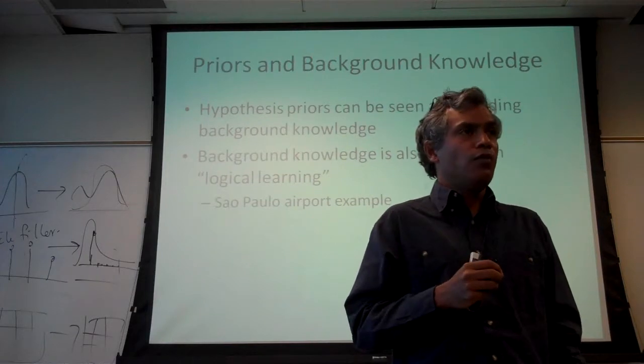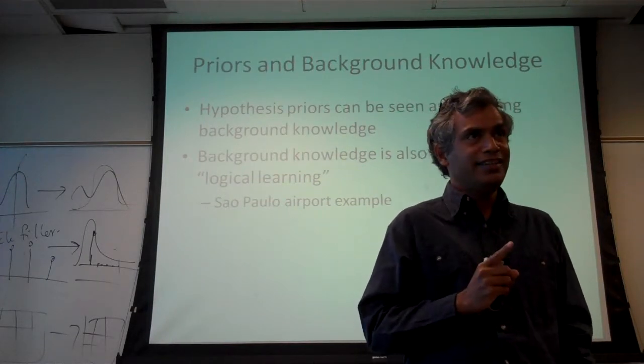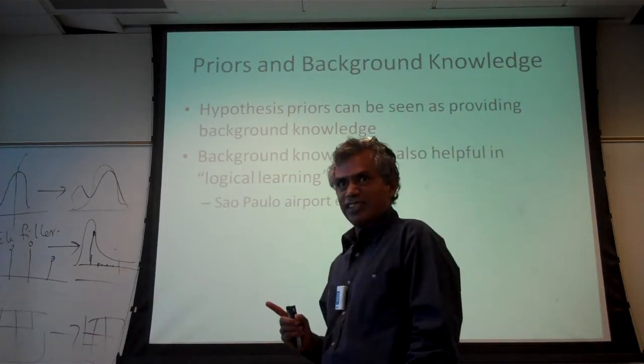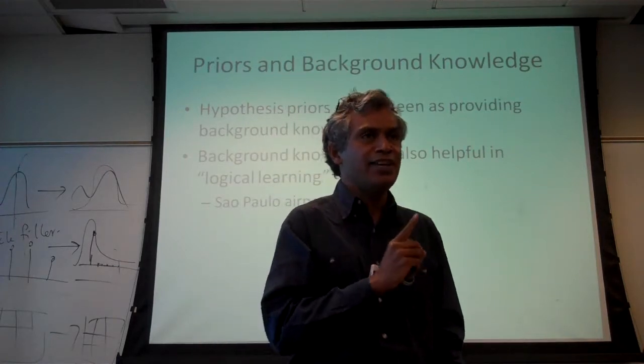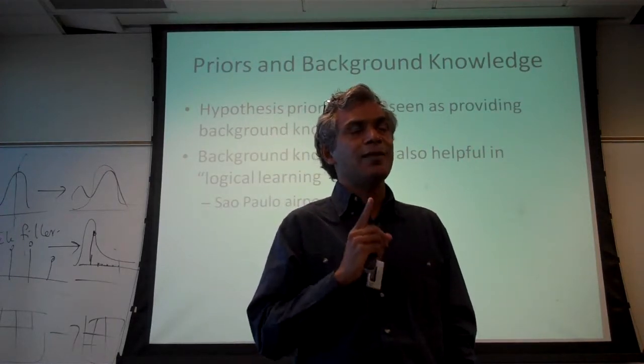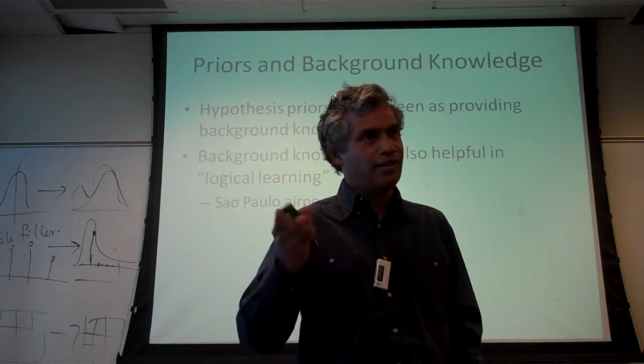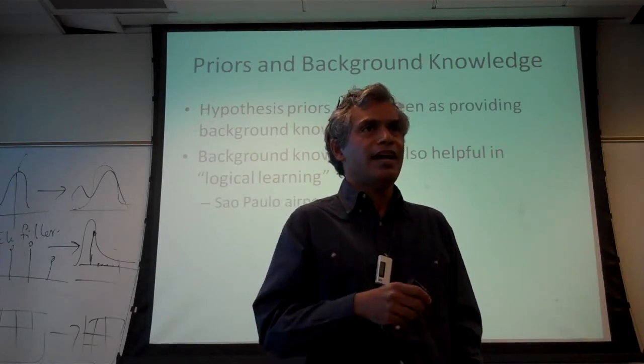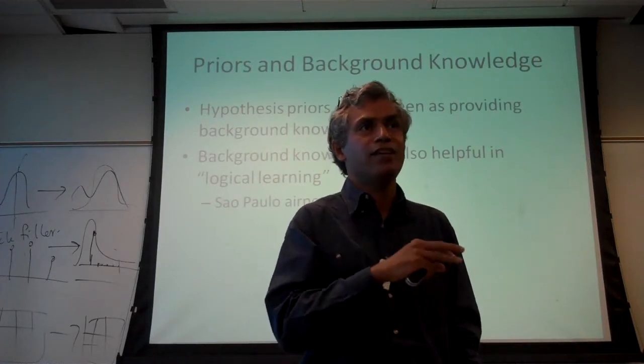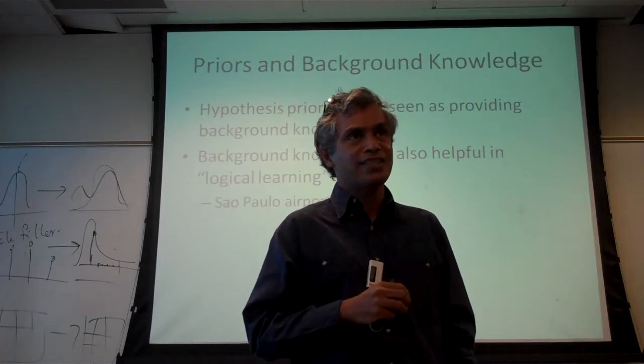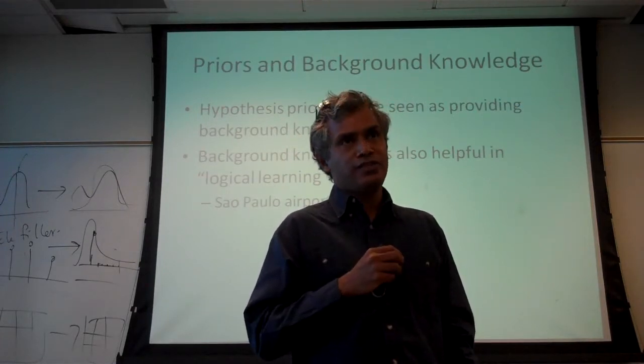Now you have only one data point. Here are some hypotheses. All Brazilians wear red shirts. Another hypothesis: all Brazilians wear green pants. The third hypothesis is they all wear yellow glasses. The fourth hypothesis is that they all speak Portuguese.